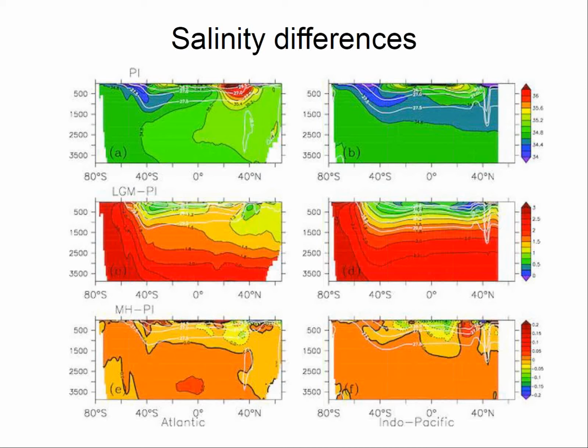Here the pattern is all positive, so we have a strong salinity anomaly in the Antarctic Bottom Water. It fills most of the bottom of the ocean, so the ocean is much more stratified, and we have a strong reduction here of the North Atlantic Deep Water in both basins.